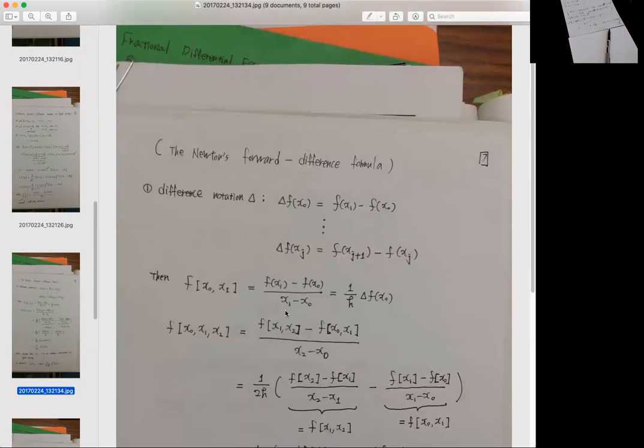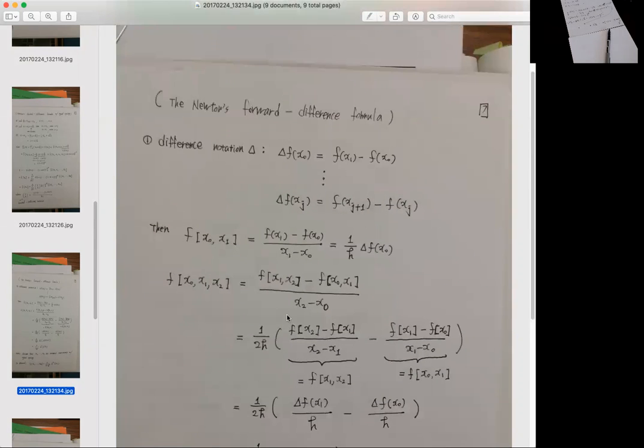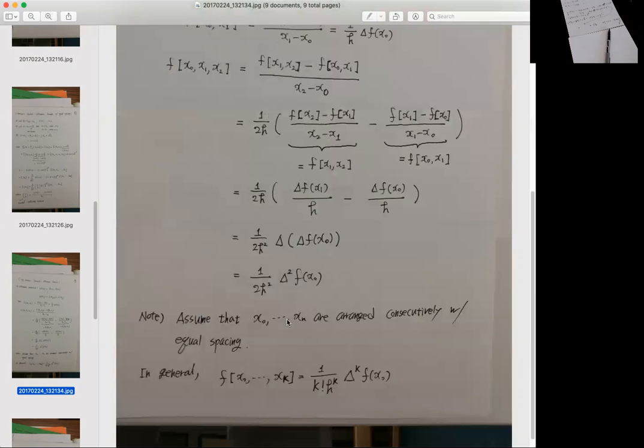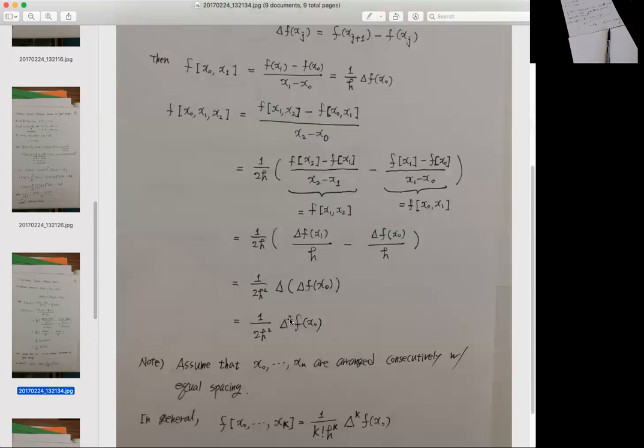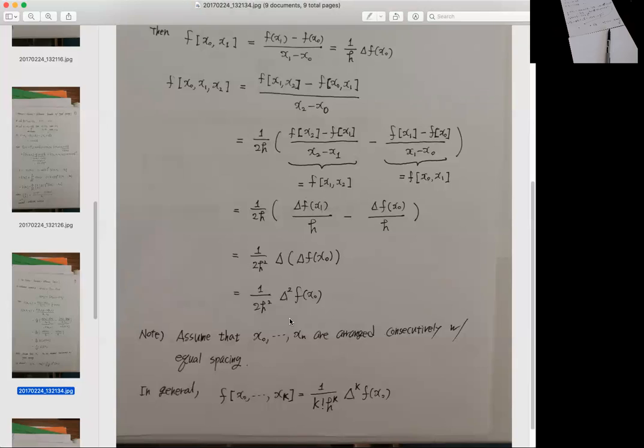Because we express the divided difference in terms of f of x0. We apply the difference starting from x0, and that's why it's the Newton forward difference.